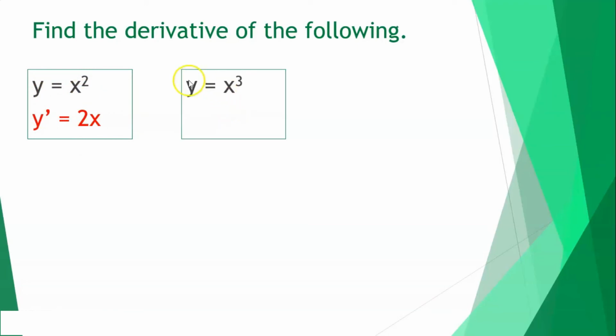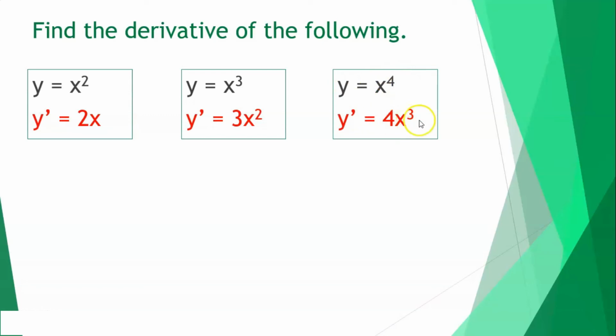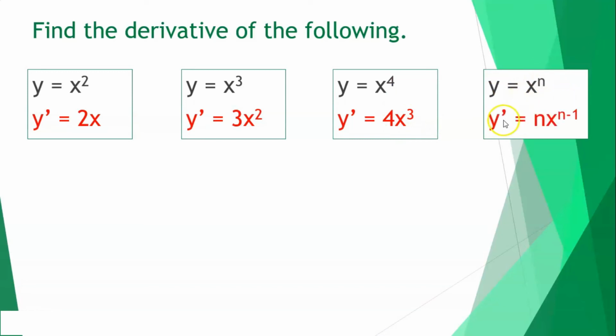Another, if you're given y equals x to the power of 3, the derivative is 3x squared. If y equals x to the power of 4, the derivative is 4x cubed. Now, if you're given y equals x to the power of n, its derivative is simply n times x to the n minus 1.